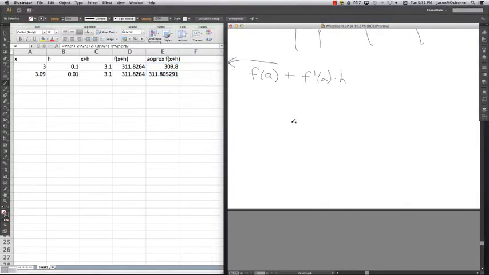So now we can say that this box right here is f of a plus f prime of a times h when a is equal to 3.09. So you're getting a better approximation to this value the closer you take your starting point to 3.1.